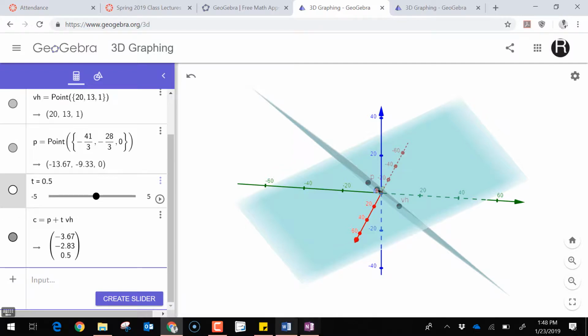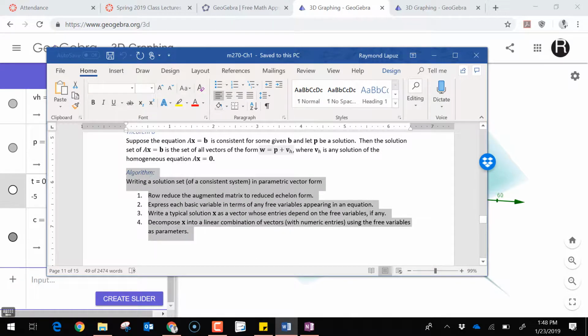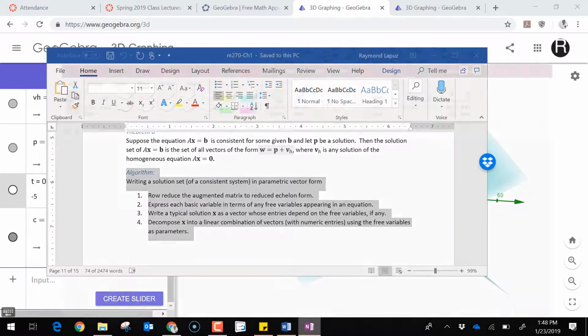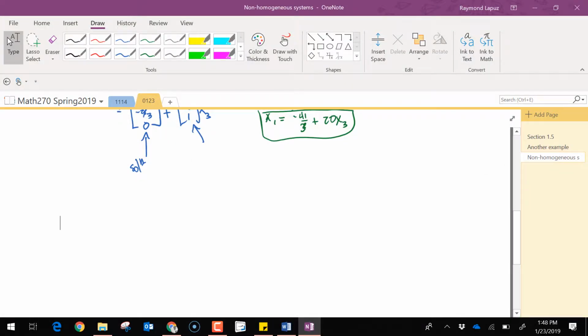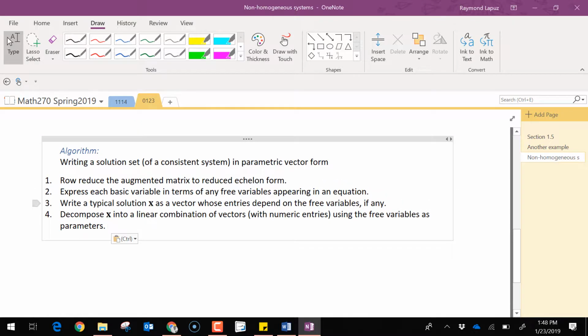Solutions to systems. So basically, if we want to summarize this whole process, whether we're dealing with homogeneous or non-homogeneous systems, what we want to do is write your system into an augmented matrix, and then do the row echelon form.